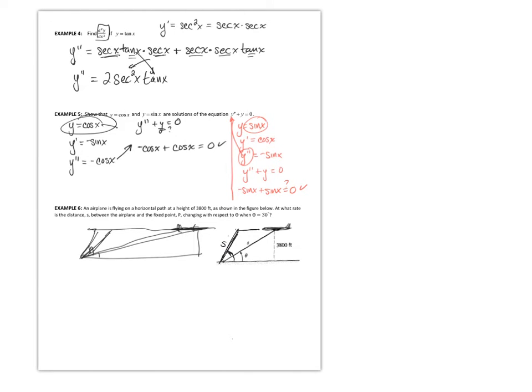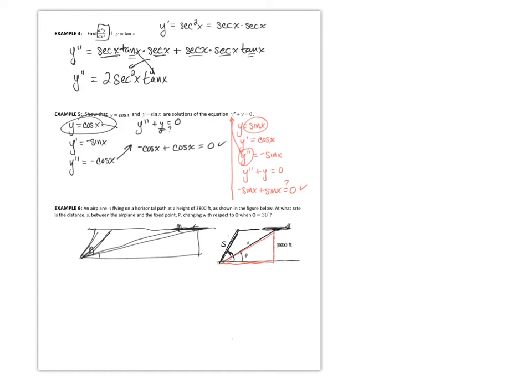But in order to figure out this problem, to find out how the distance is changing with respect to the angle, we've got to come up with a relationship that relates the distance and the angle. So hopefully you can recognize that we've got a right triangle situation going on in here. And right triangles in math classes always mean either Pythag or trig. And because this is a unit on trig derivatives, chances are we're going to go with trig.